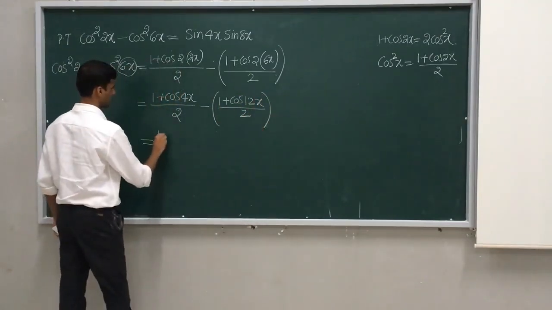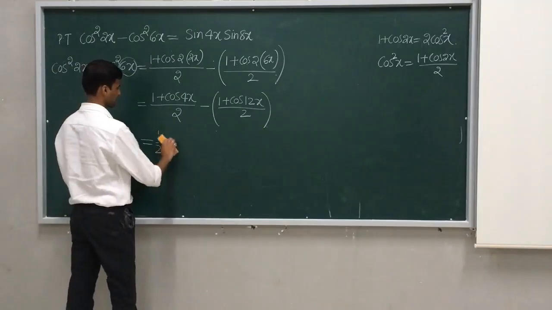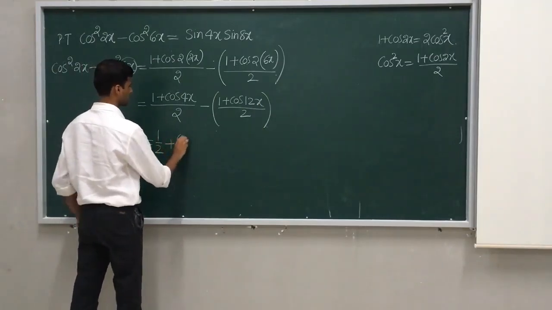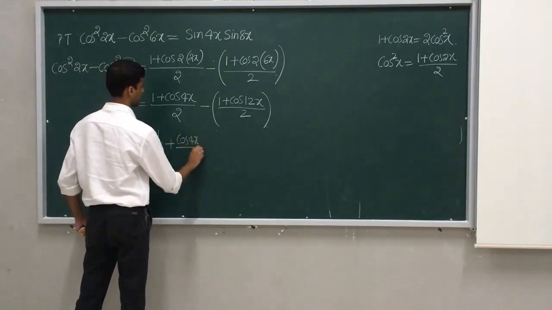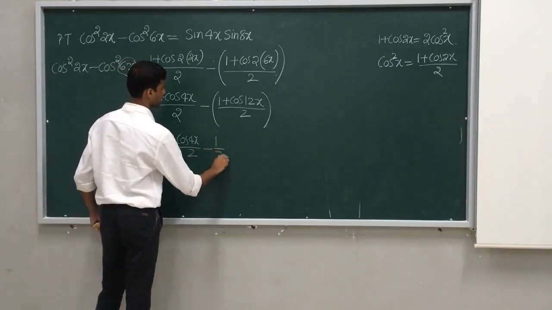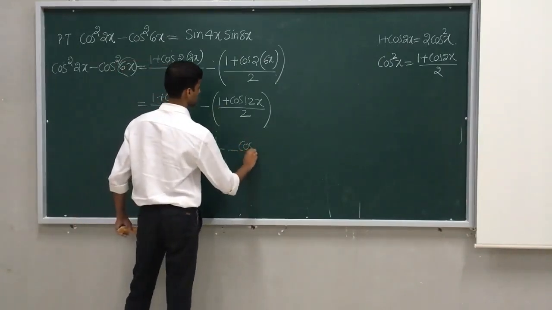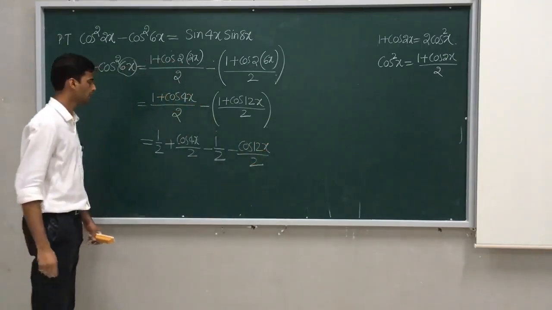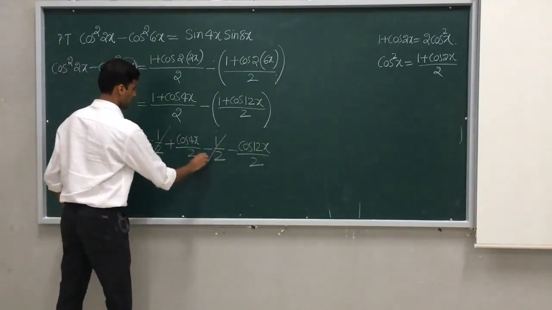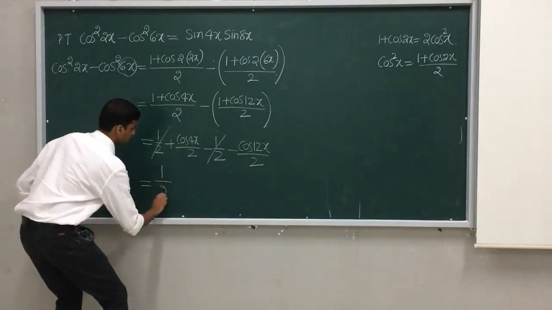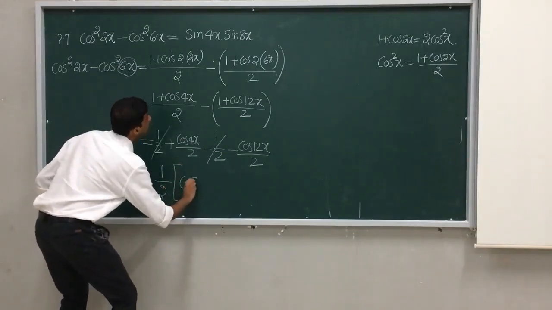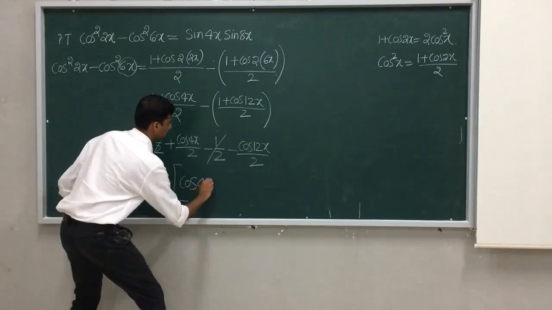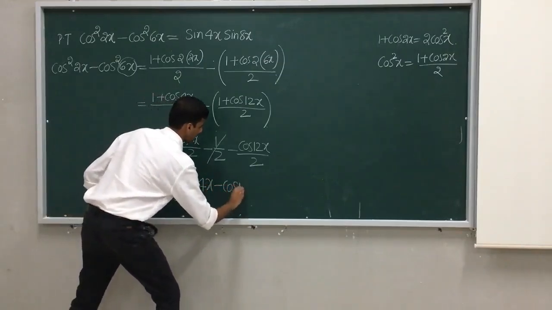Then we will simplify: 1 by 2 plus cos 4x by 2 minus 1 by 2 minus cos 12x by 2. 1 by 2 minus 1 by 2 cancel. I will take 1 by 2 out. You are left with cos 4x minus cos 12x, right?